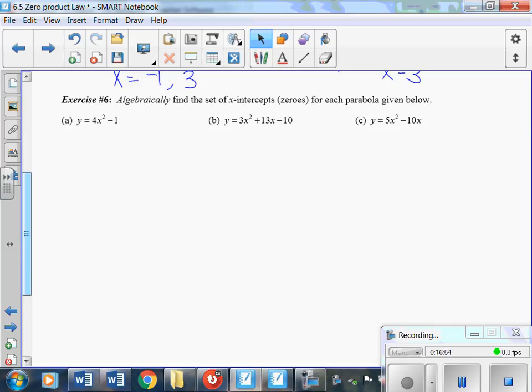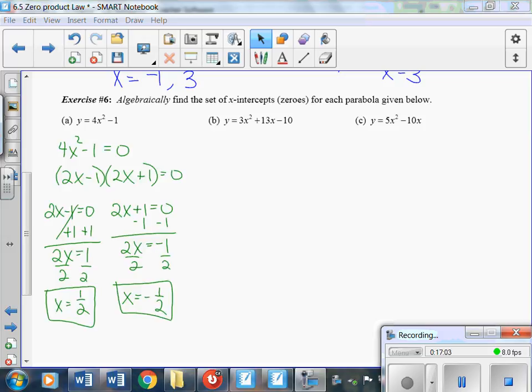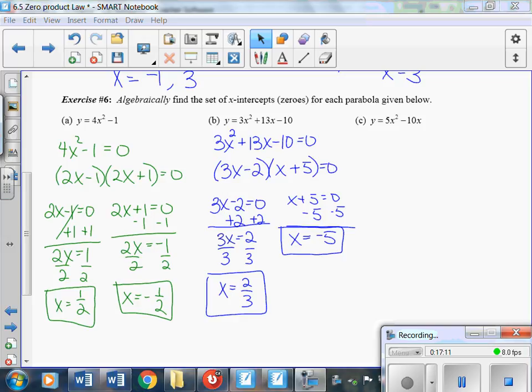Don't cheat, really, do the work. Here is the solution to A. Next, here is the solution to B. And lastly, here is the solution to C.